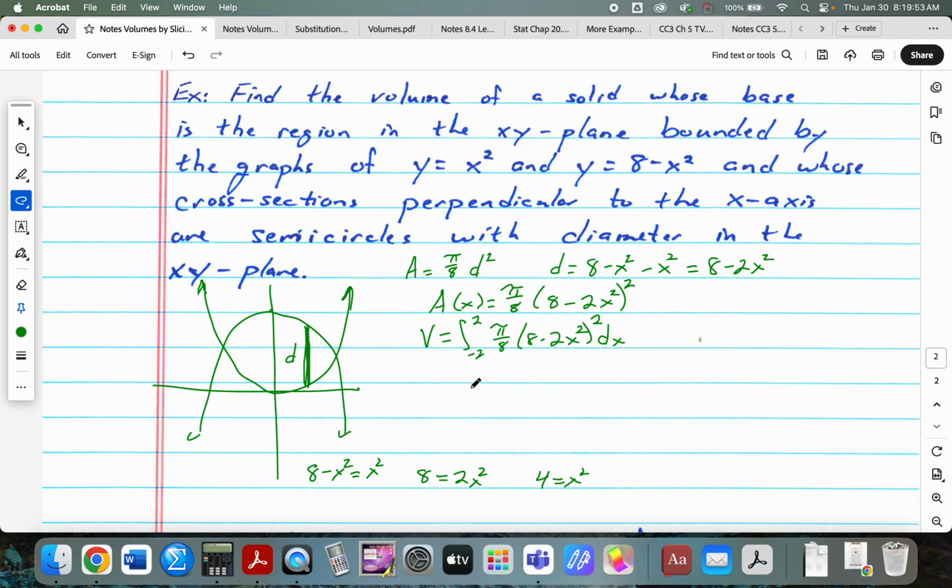I will do the next step, which would be, I'm going to factor out the pi over 8 because I hate it. From -2 to 2. And I need to square that. So that's going to be 64 minus 32x squared plus 4x to the 4th dx.